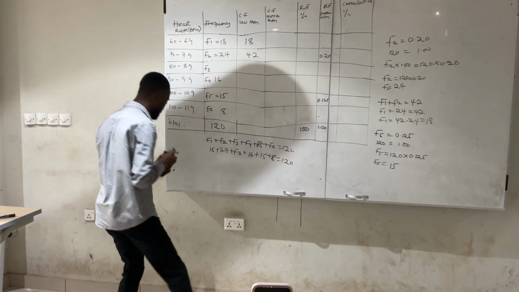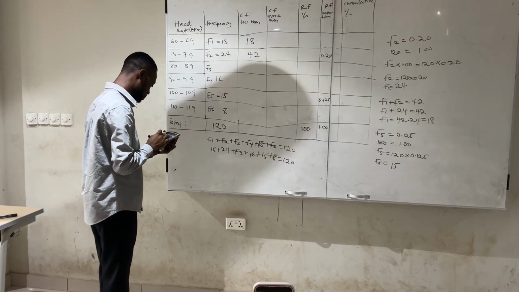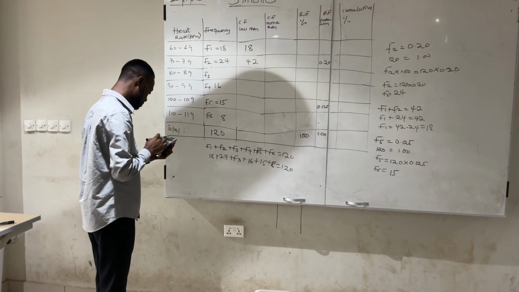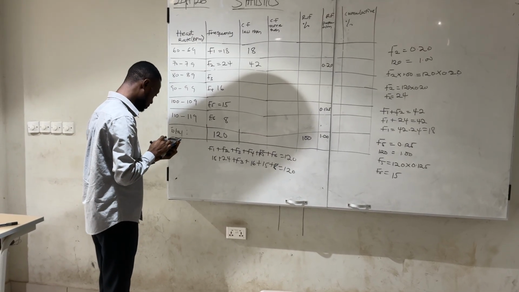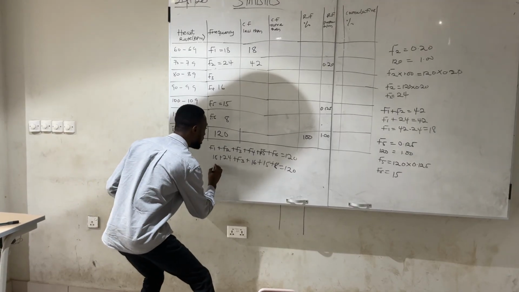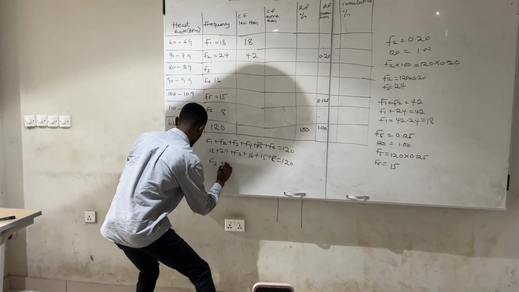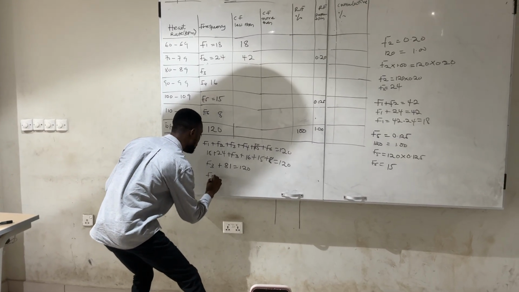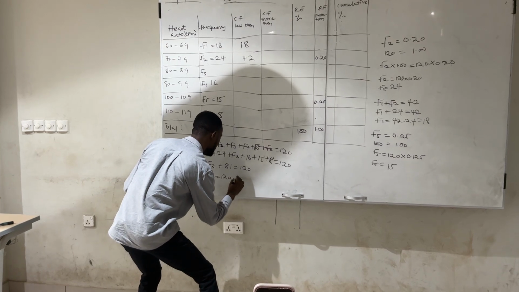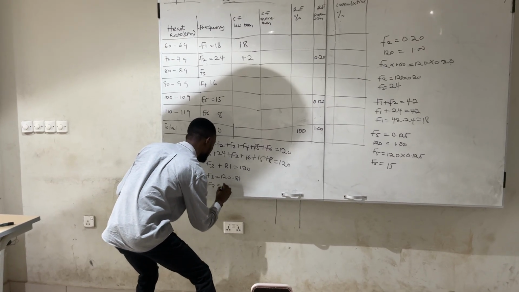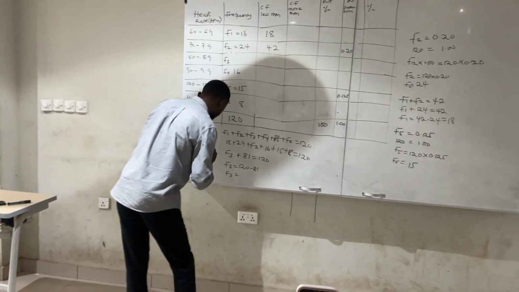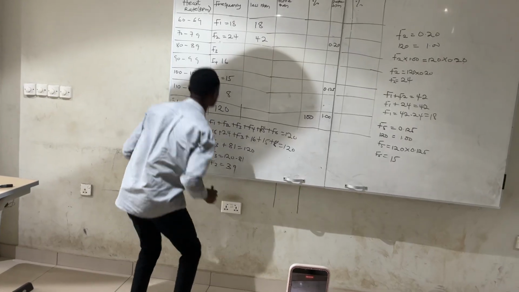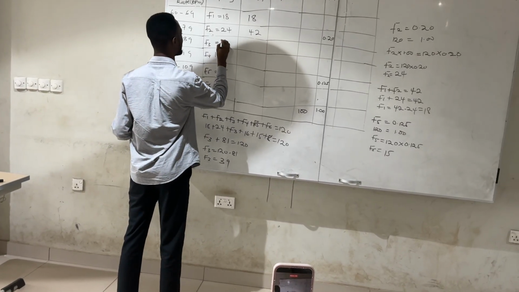Let's punch it in: 18 plus 24 plus 16 plus 15 plus 8 is 81. So F3 plus 81 equals 120. Therefore, F3 equals 120 minus 81, which is 39. So F3 equals 39.